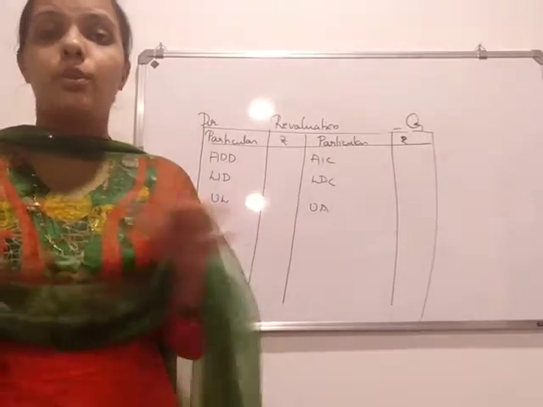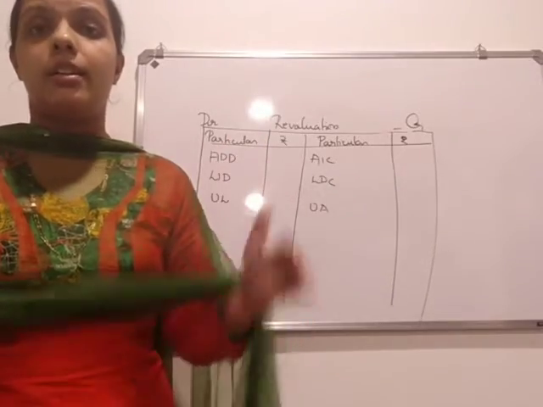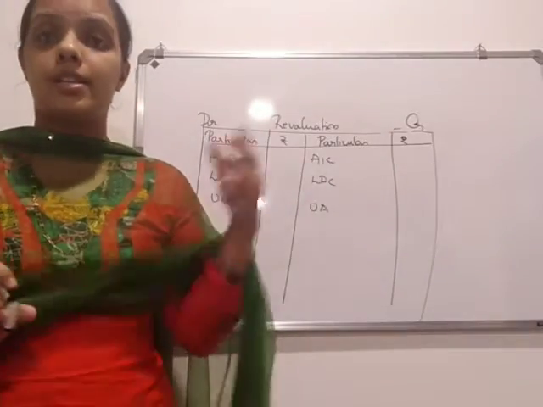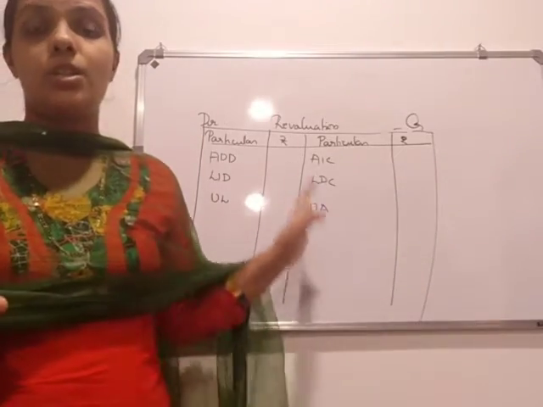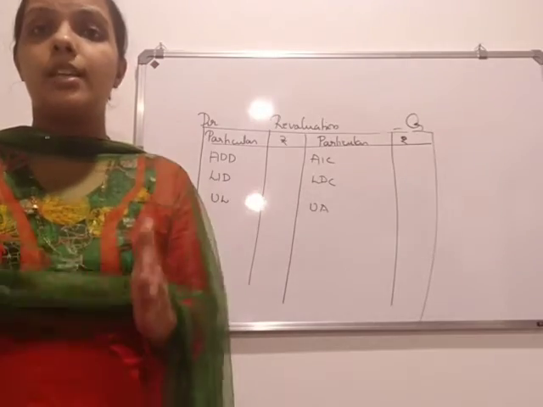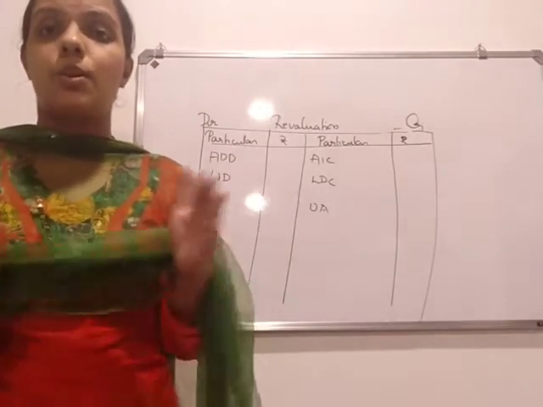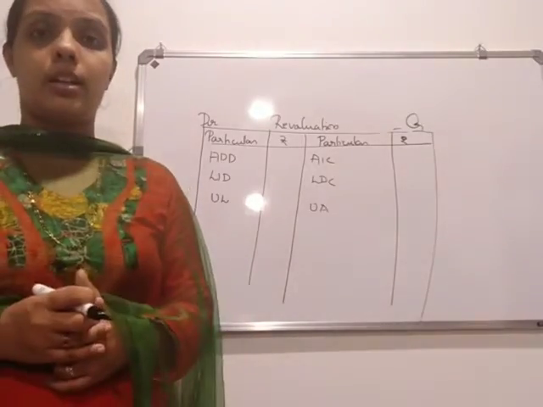Where there is no change from the book value shown in the balance sheet, they need not be shown. So whenever you get a question, you have to see whether the assets have increased or decreased, and whether the liabilities have increased or decreased.